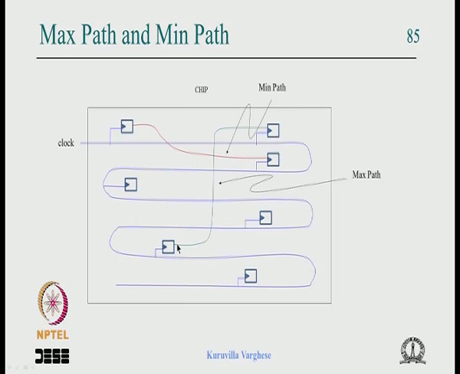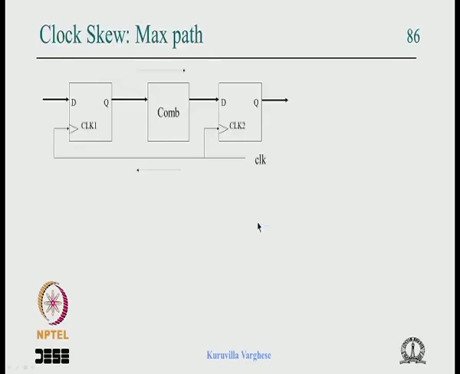So here the data and the clock are in opposite directions, which is called the max path problem. In the other case the data and the clock are travelling in the same direction, which is called the min path problem. We will analyze both of these and see what happens.